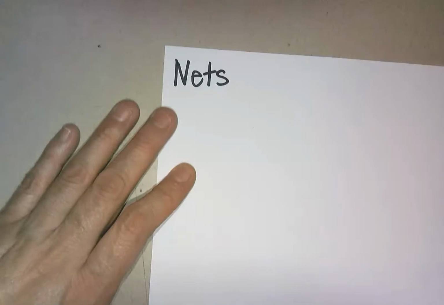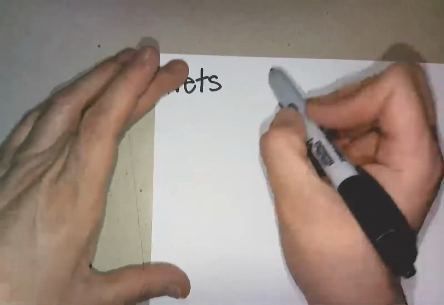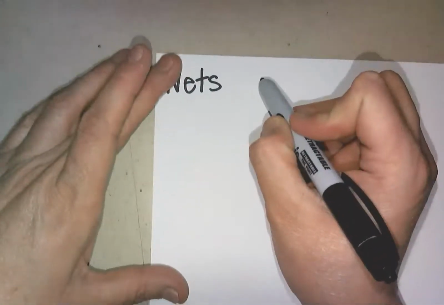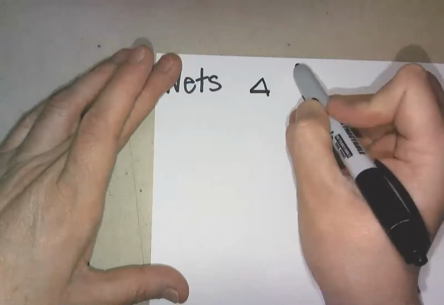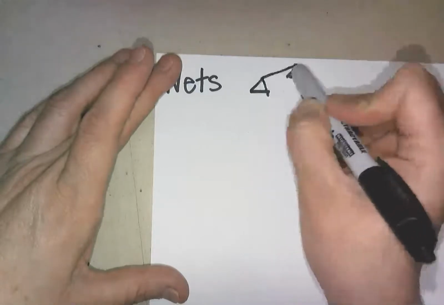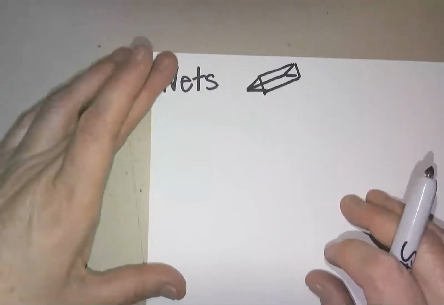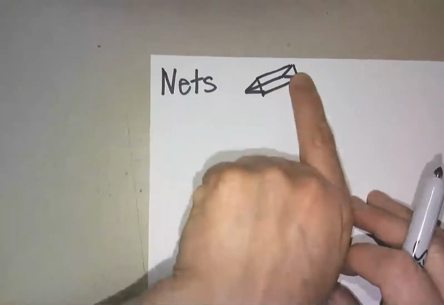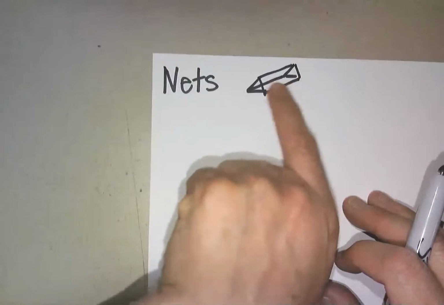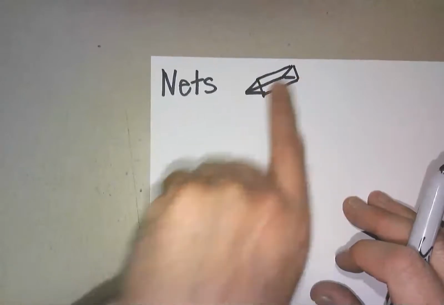So for the triangular prism, let me go ahead and draw a little one over here. Now, if you notice, for a triangular prism you have rectangle sides, 3 spots here, and then you have your triangles on your sides.